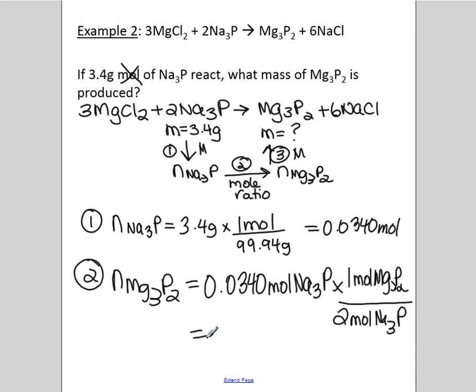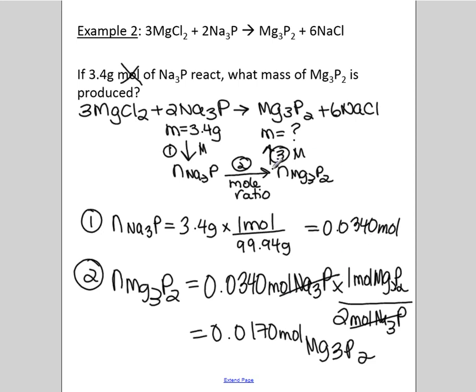So in my calculator, that means 0.0340 times 1 divided by 2, and I should get 0.0170 moles Mg3P2. And we look at our units, moles of sodium phosphide have canceled.